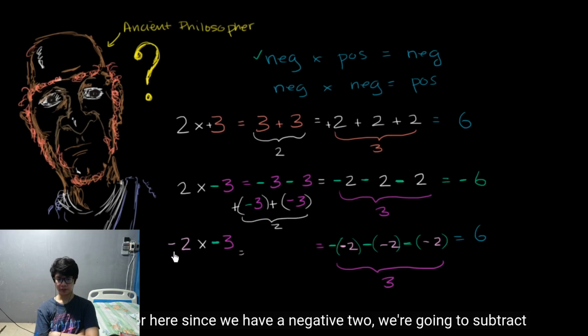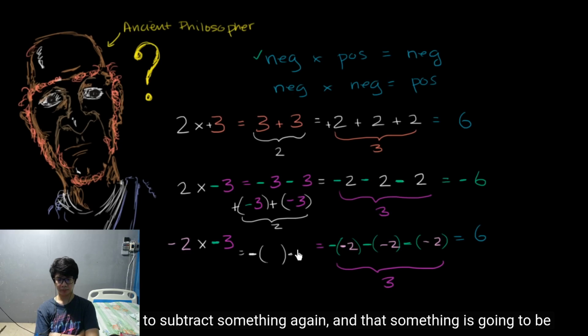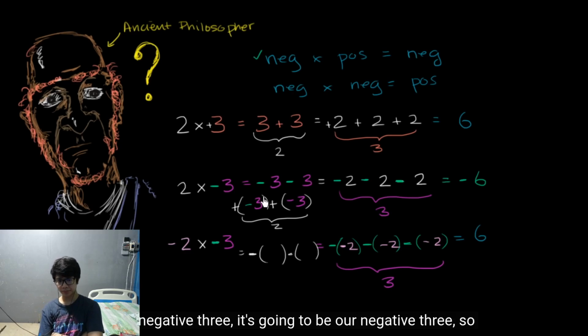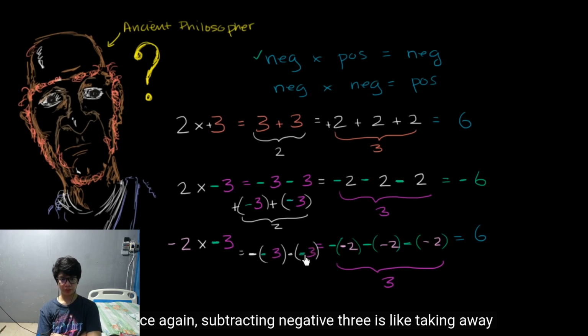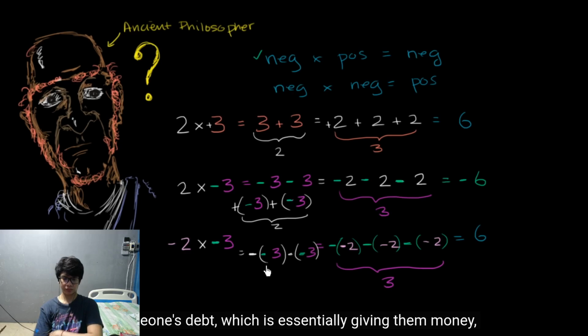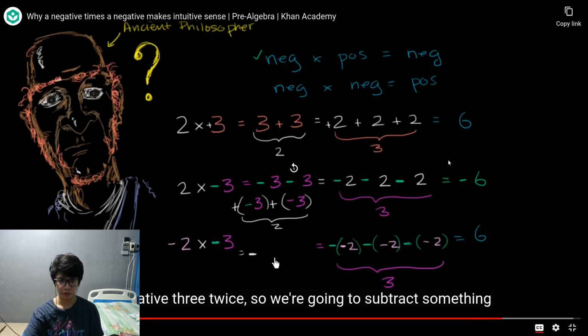Since we now have a -2, we're going to subtract -3 twice. So we're going to subtract something, and subtract something again, and that something is going to be our -3. And once again, subtracting a negative, it's like taking away someone's debt, which is essentially giving them money. This is the same thing as adding 3 + 3.